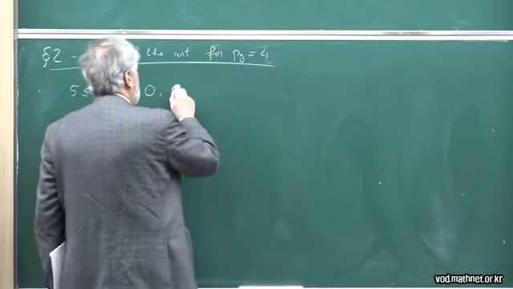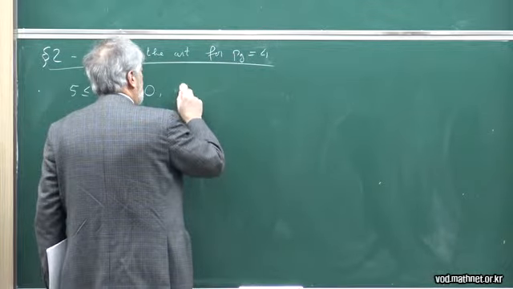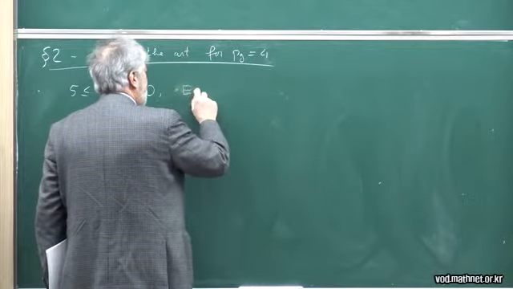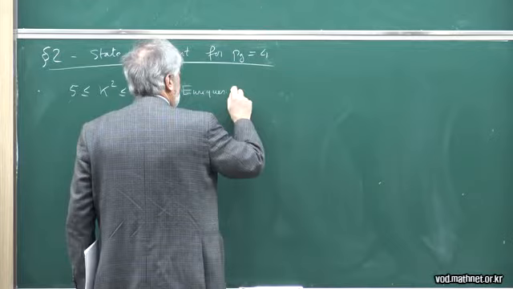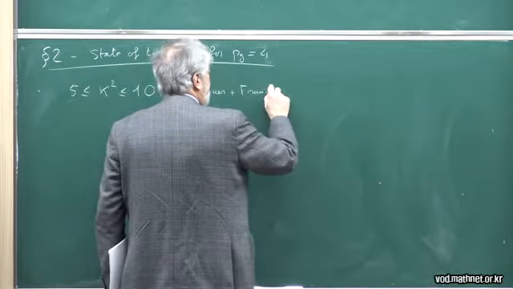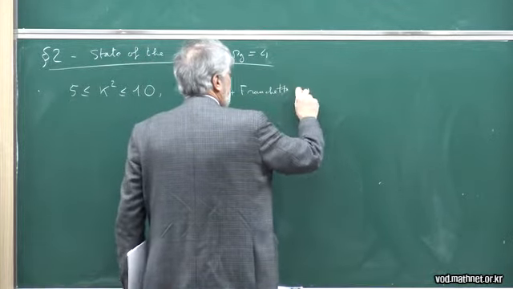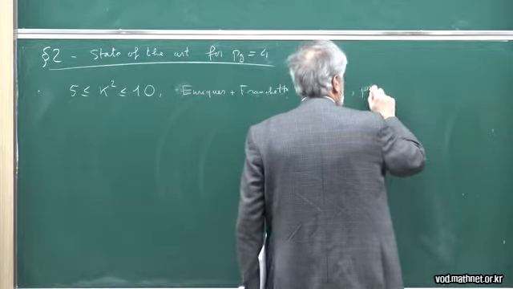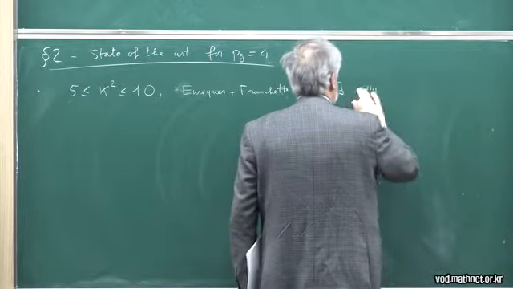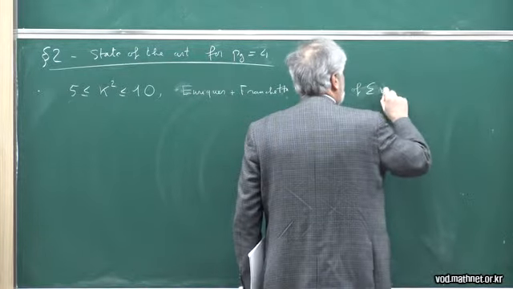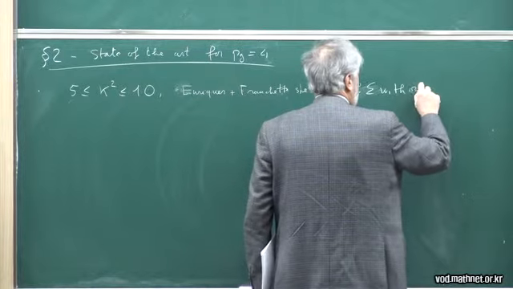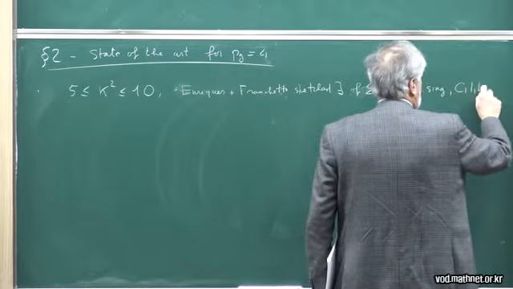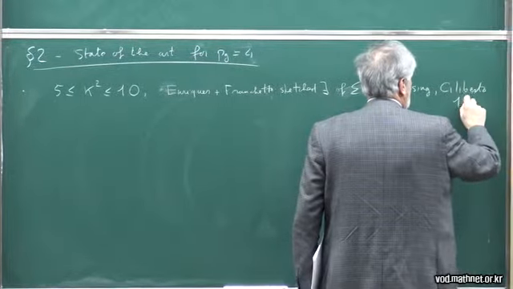Enriques and then Franchetta sketched the existence of sigma with ordinary singularities, and this was proven by Ciliberto in 1981.